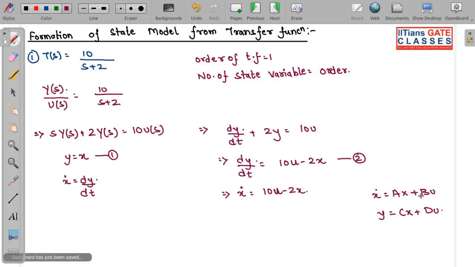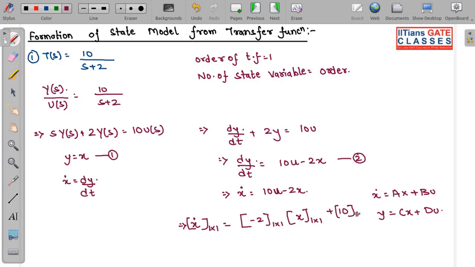Okay, so if you compare, you can write it as x dot, so this is 1 cross 1 is equal to, a is minus 2 over here, 1 cross 1, x 1 cross 1 plus 10 1 cross 1, u also 1 cross 1, and y it is equal to what?